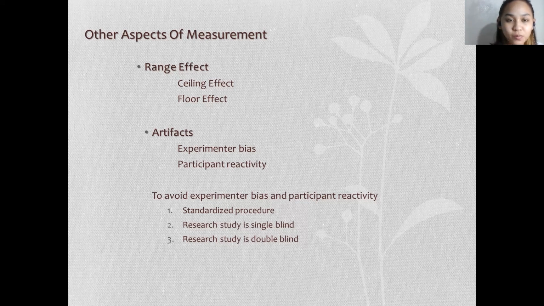Maybe kailangan mong i-print out na lang yung mga instruction para wala kang madagdag or mabawas dun sa mga kailangan sabihin. Next is the research study is single blind. The researcher does not know the predicted outcome. Third is the research study is double blind. Both the researcher and the participant do not know the predicted outcome of the study.